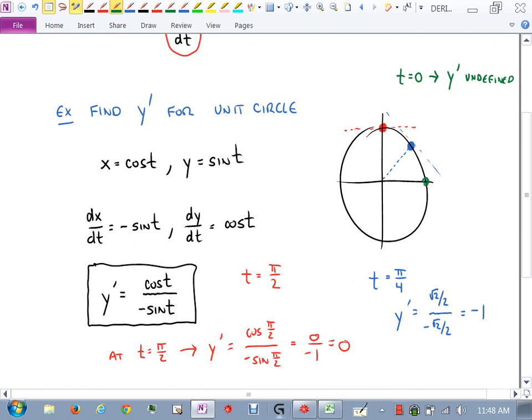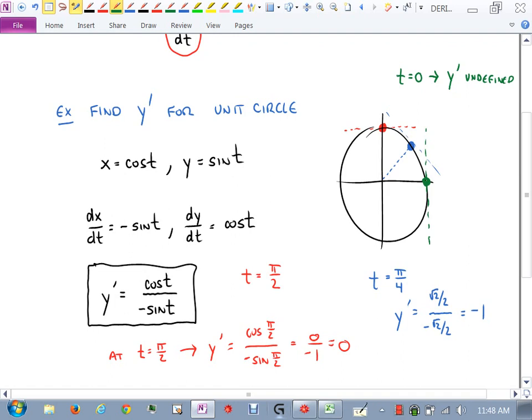And that's because at 0, which is this point here, we have a vertical tangent line. You tell me. What's cosine of pi? Negative 1. What's sine of pi? 0. So you get undefined again. Okay? It's not too bad, right? I mean, taking the derivative of a parametric curve is not that bad. It's just the derivative of each piece, right? Each equation, sorry. Each function, you could say each function.